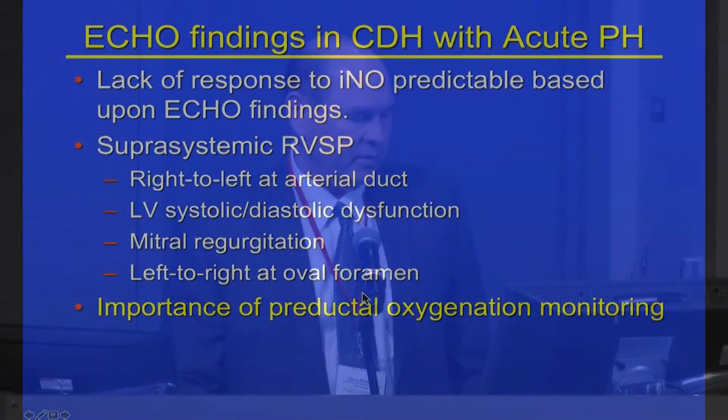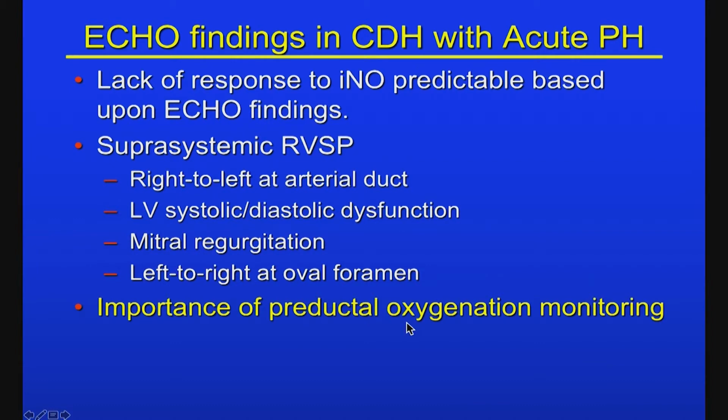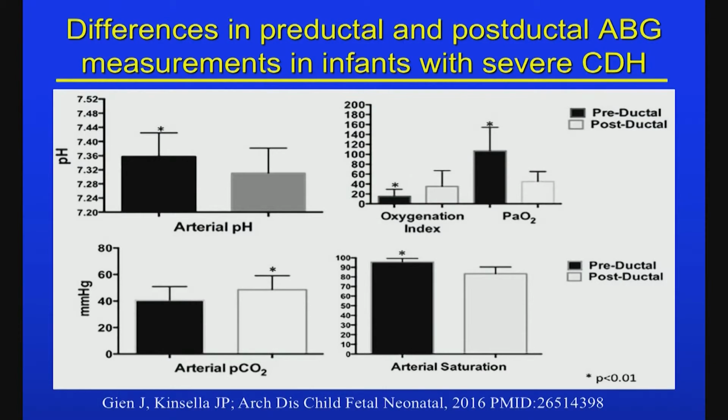So I think this is one of the reasons we focus on the importance of preductal oxygenation monitoring. Most all reports of gas exchange in OI and CDH babies are from a postductal site. Jason Geen looked at samples from a right radial or brachial arterial line compared to a UAC, and what we found was that there are striking differences, not just in PO2, but in PCO2 and pH between preductal and postductal samples.